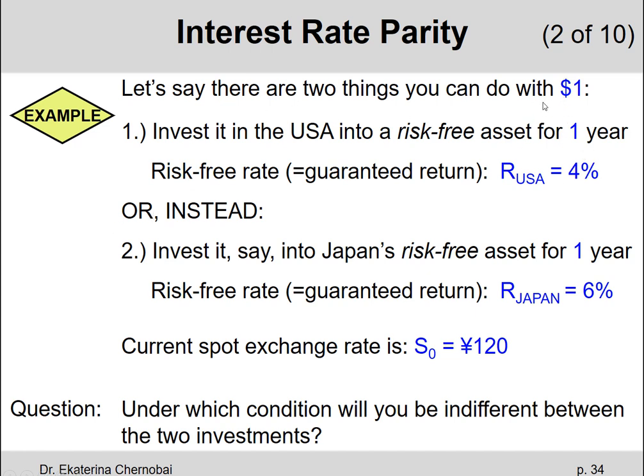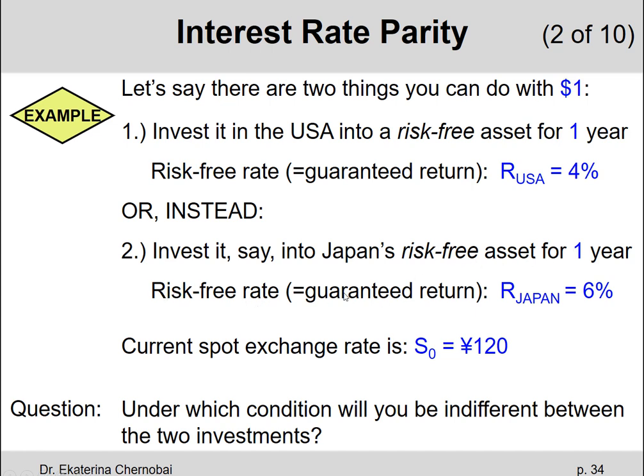Instead, you could use your $1 and invest it overseas. And again, you want to make a very safe investment that will bring you a guaranteed return. It should be a risk-free investment. So whatever the name of the Japanese government's short-term bond is, that's the risk-free asset you would buy in Japan for 1 year.